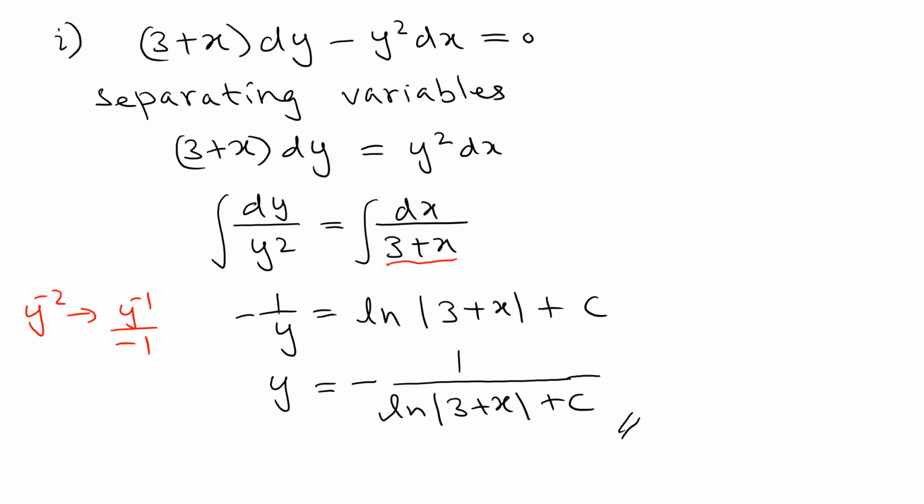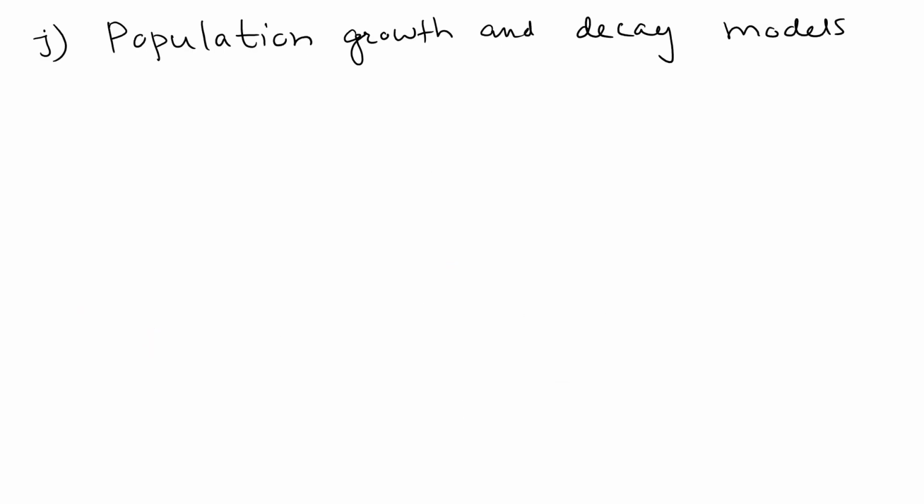You remember the population dynamics problem, population growth and decay problems. Actually, population growth and decay are also separable, a nice example for a separable equation. We know that those formulas have a common format.